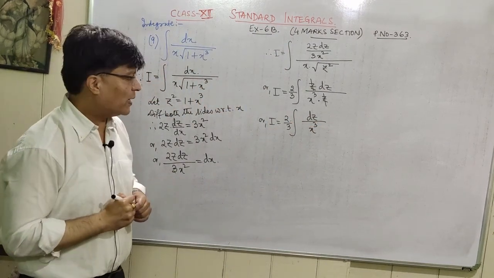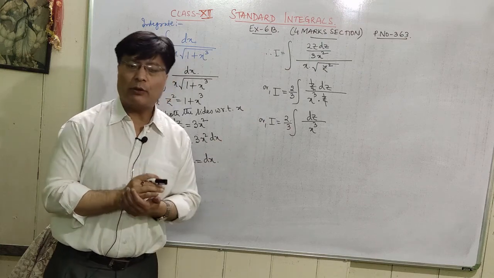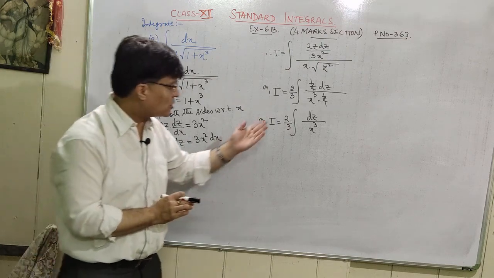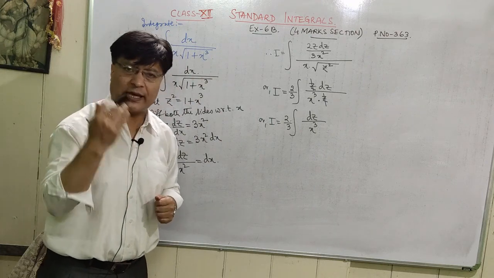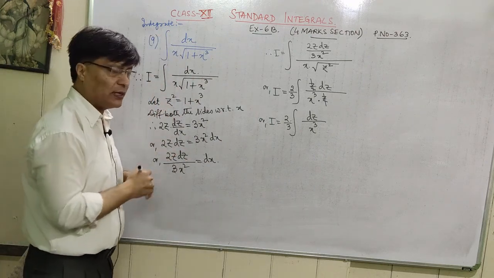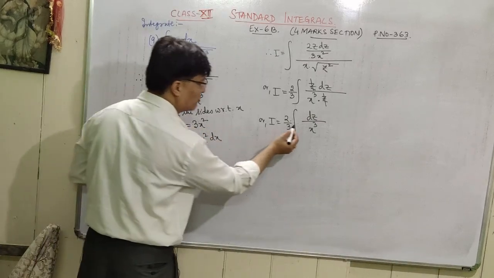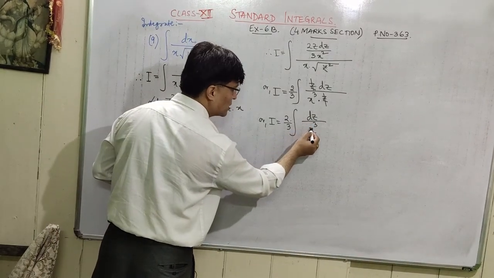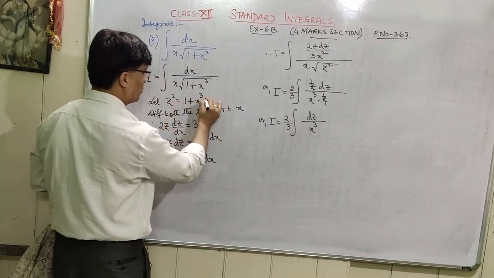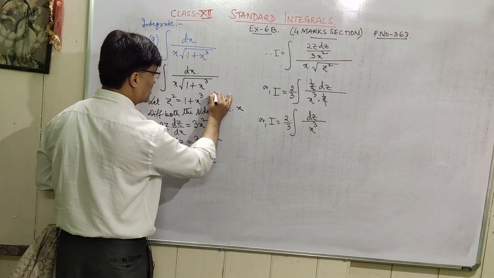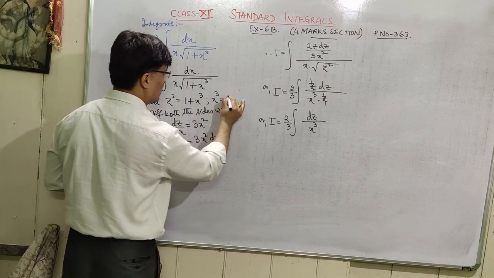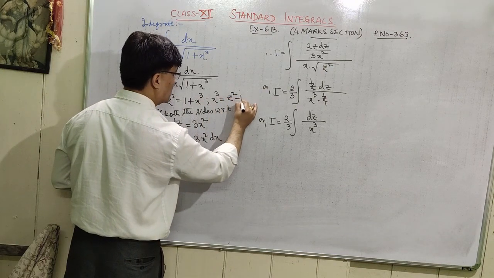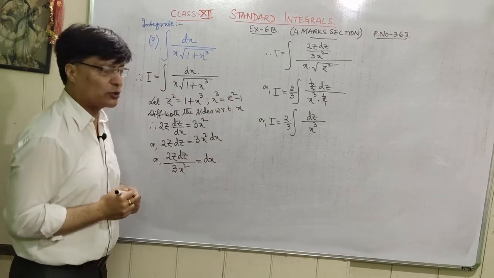Now in this case we get integration of dz divided by x cube. Now we have to express x cube in terms of z, because there is dz. What is x cube in terms of z? From here, x cube is equal to z square minus 1.